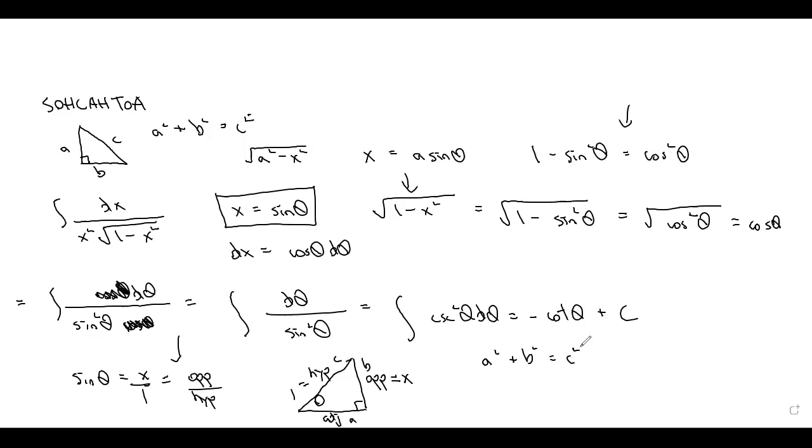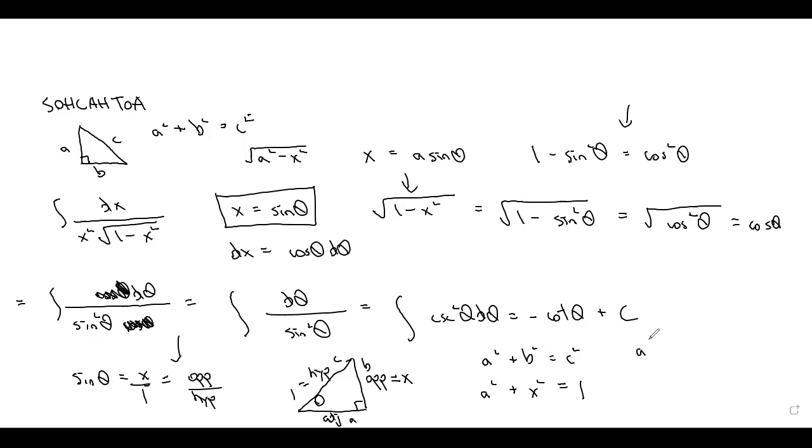Okay, so a squared is just a squared for now. B squared is x squared. And c squared is 1 squared, so that's just 1. And now you rearrange this and get a by itself. This is just some basic algebra: take the plus x squared part, move it to the other side and change it to minus x squared.